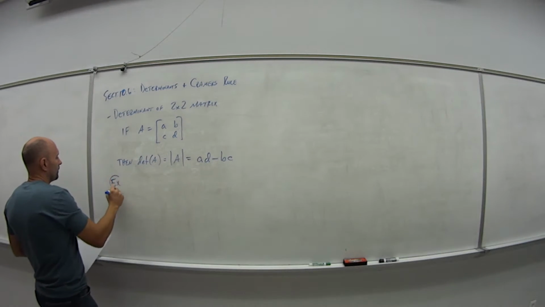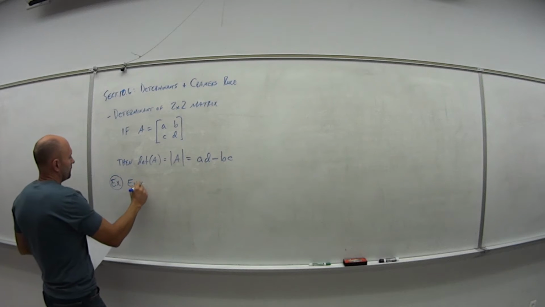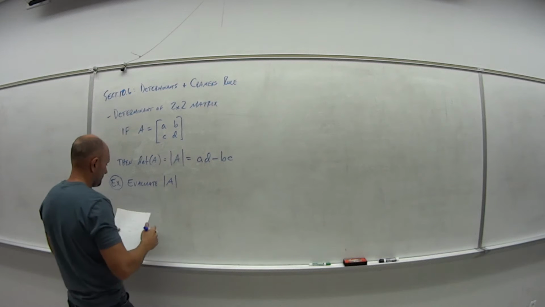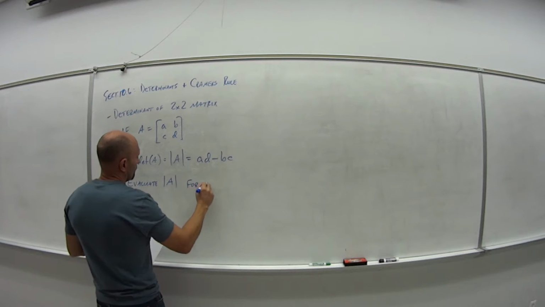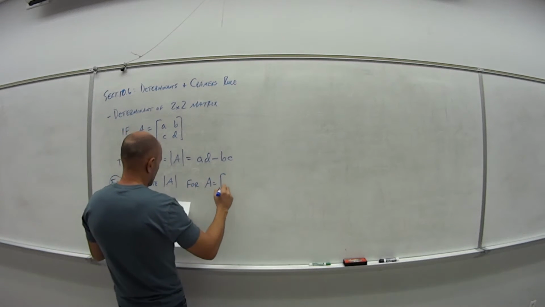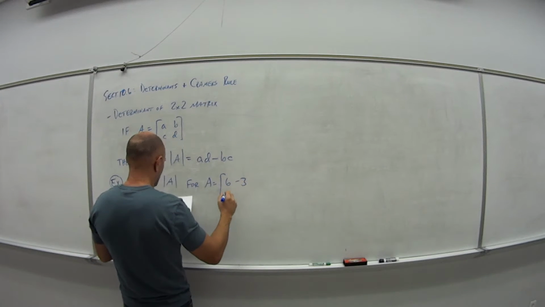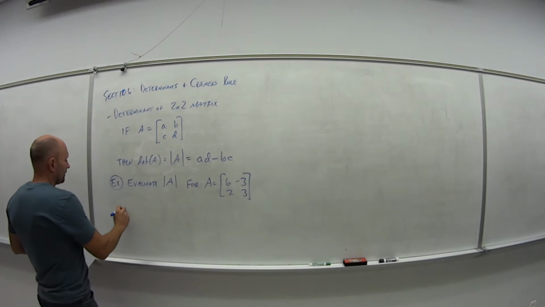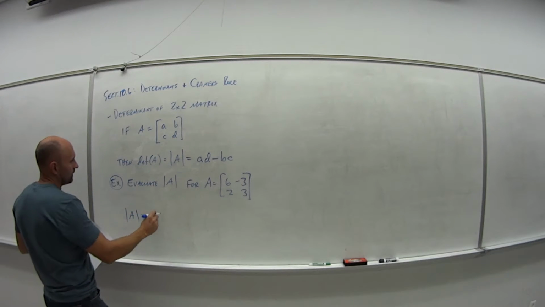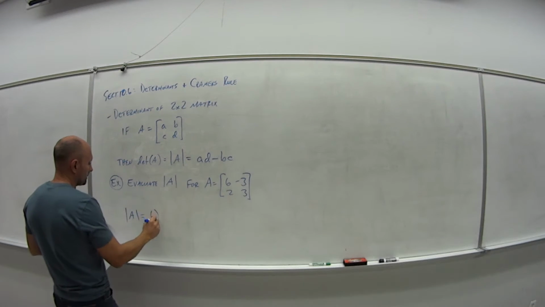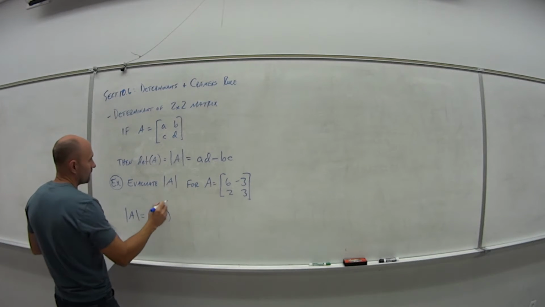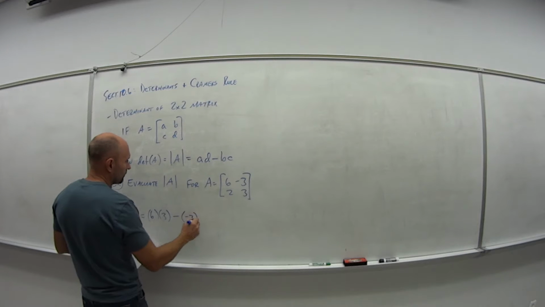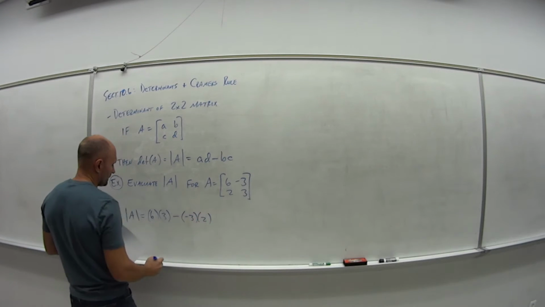And this is simply, as we saw before, A times D minus B times C. So for example, if I want to evaluate the determinant of A for A equals 6, -3, 2, 3, well, that is 6 times 3 minus, and be careful with your signs here, -3 times 2.